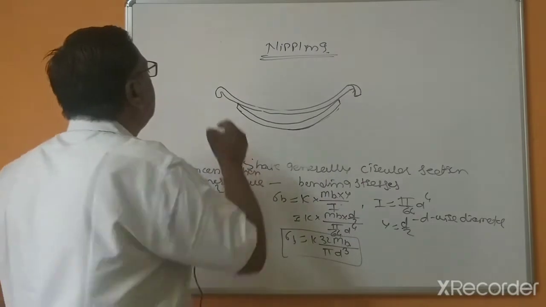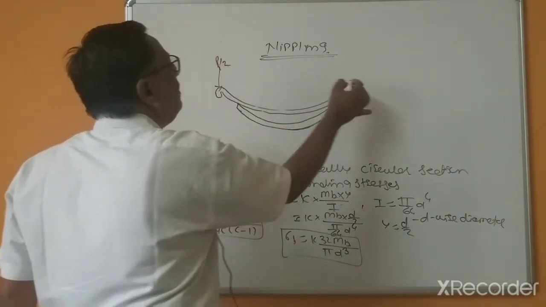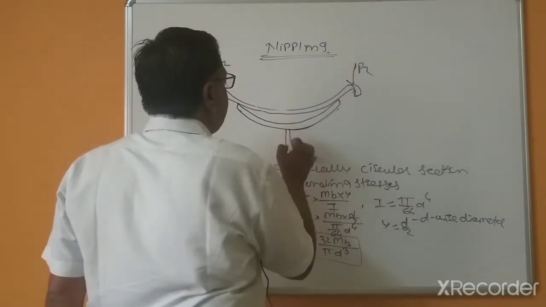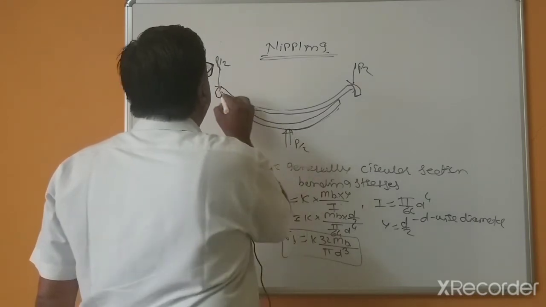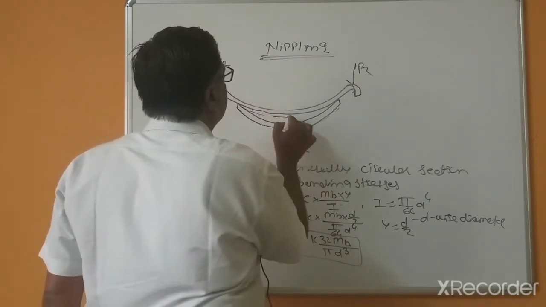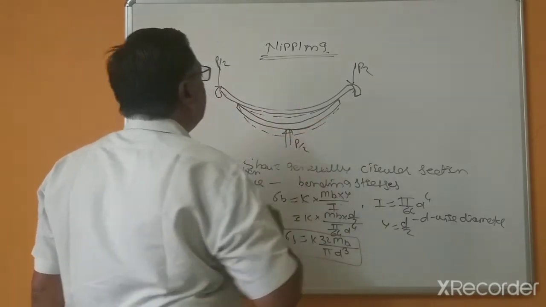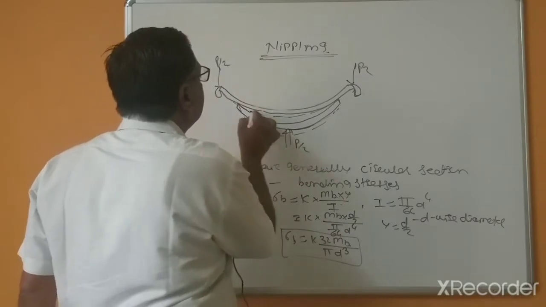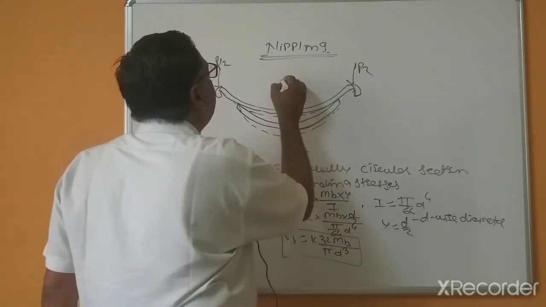Now as you know, here the load is P by 2, and here this load is P by 2. This is the radius of curvature of the master leaf, and this is the radius of curvature of the graduated leaves.